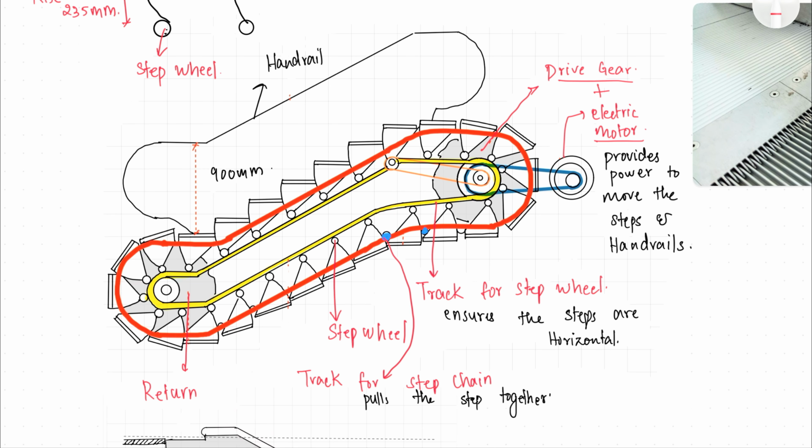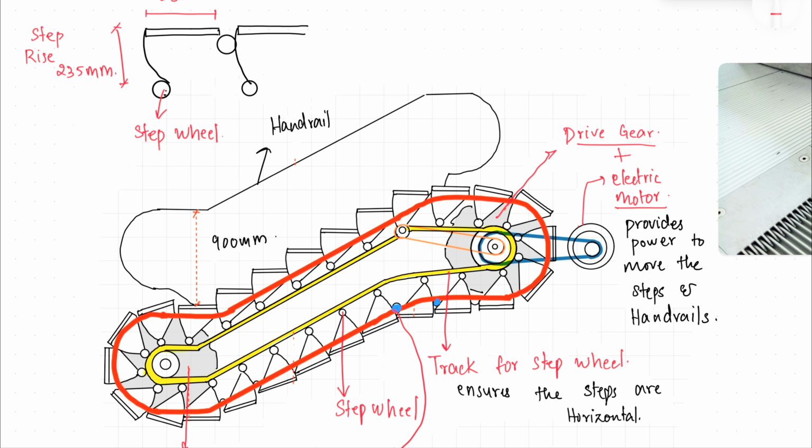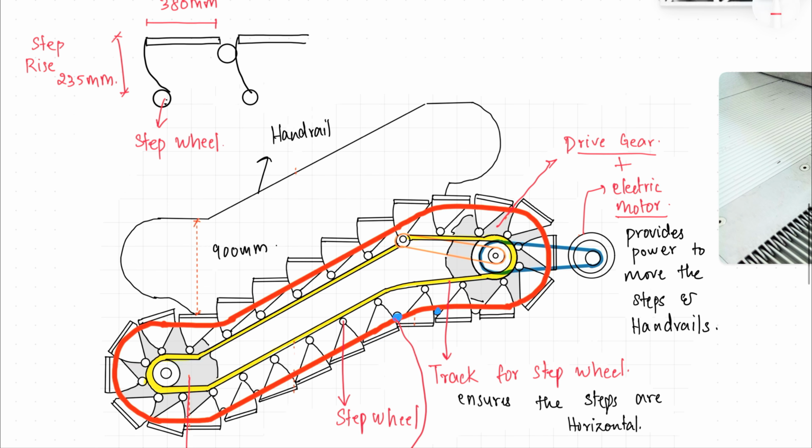Now, if we see how this escalator basically works, your electric motor turns on the drive gear, which rotates, and then the track system goes along with it. So each step is basically connected via the track system, right? So they move like this, and then once they reach the end, they go in the reverse direction. So they turn over, go down, and then once again they reach the topmost part, they change direction and then they go. So this is how your escalator moves, and these are the main parts of it.